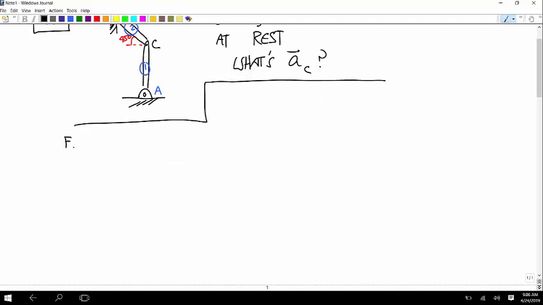So a free body diagram of member 1. There's a weight force of 49.05 newtons. There's a reaction force RA. And then there's a force vector here on 1 by 2.